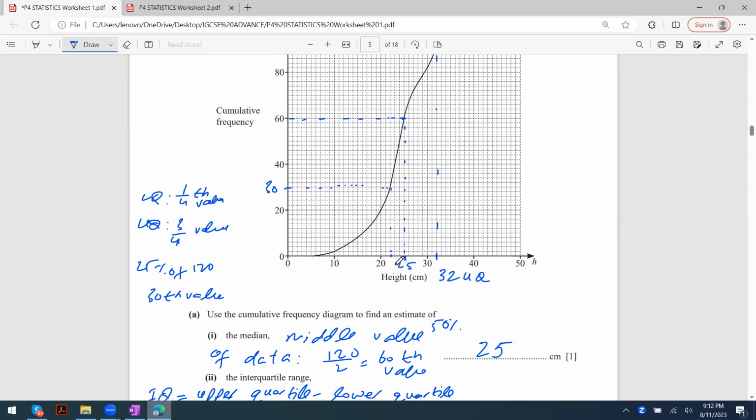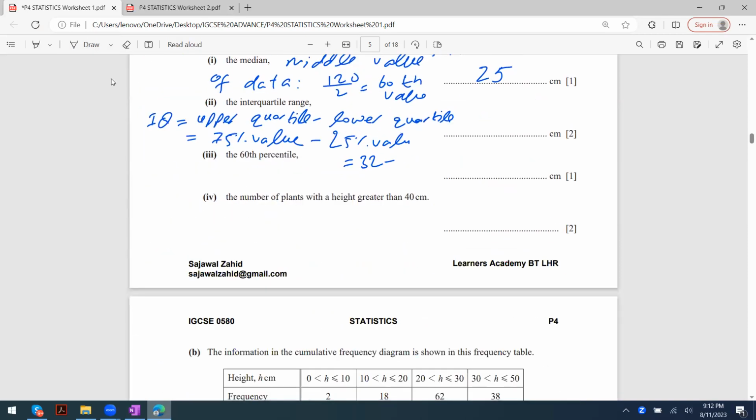This is 22. 22 is the lower quartile. And this is the interquartile range, 10. The interquartile range is 10. We took a lot of space because we are explaining also.